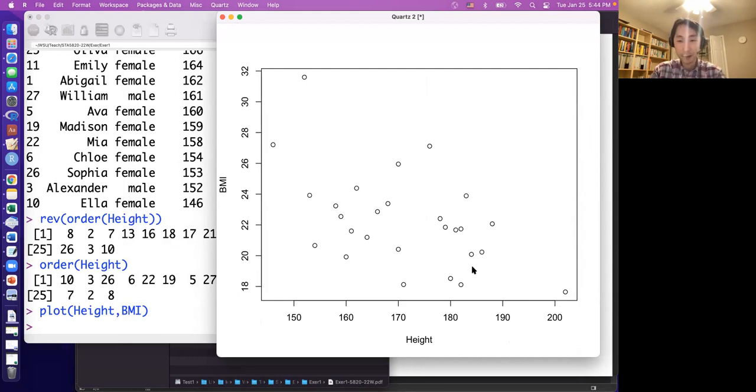So actually, in this data set, the lower the height, the higher the BMI, we have some tendency. But basically the concept of BMI is to cancel the effect of height to evaluate the weight. So there shouldn't be any pattern. But in this data set, we have a negative relationship between these two.